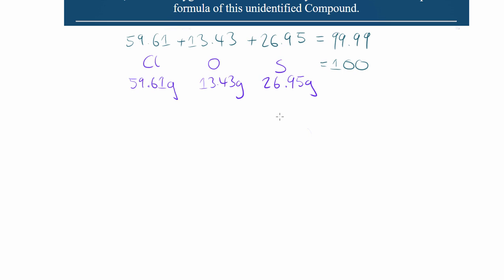We need to compare the actual amount of the elements, which we're not easily able to do because each has a different molar mass. But if we convert these to moles, we can compare the amount of substance of this to that, make some molar comparisons, and get closer to the empirical formula.